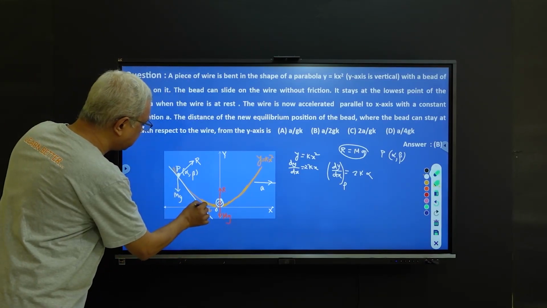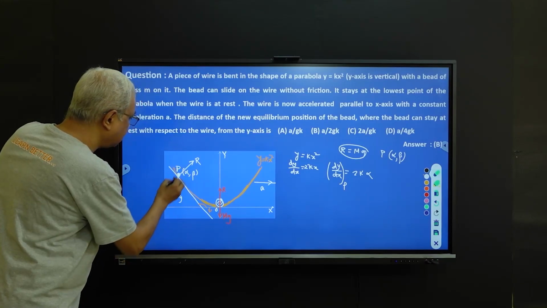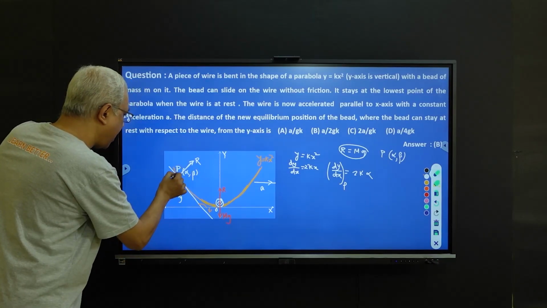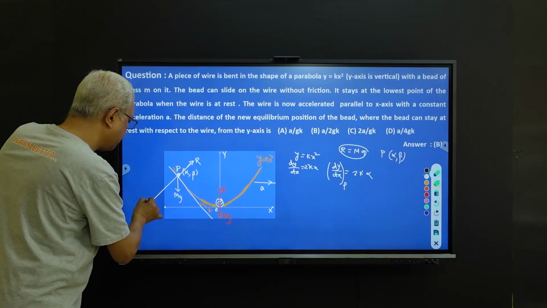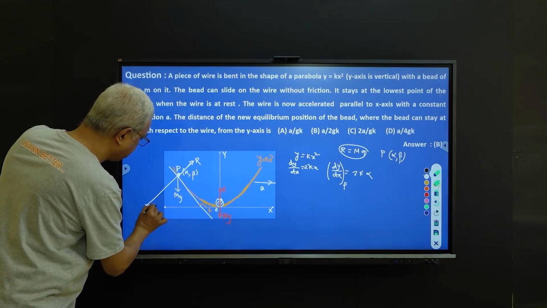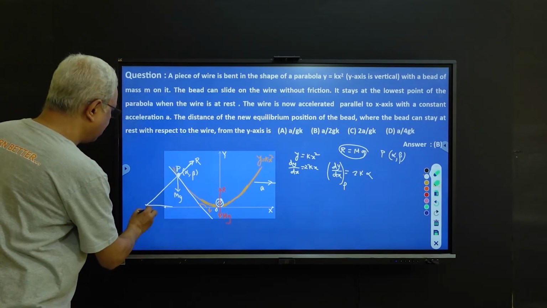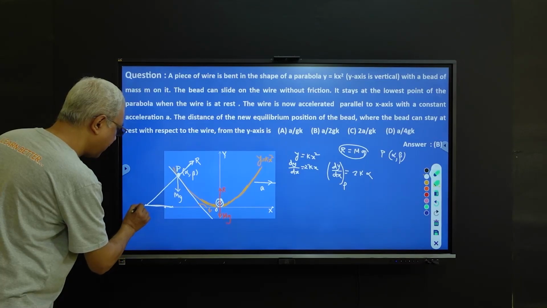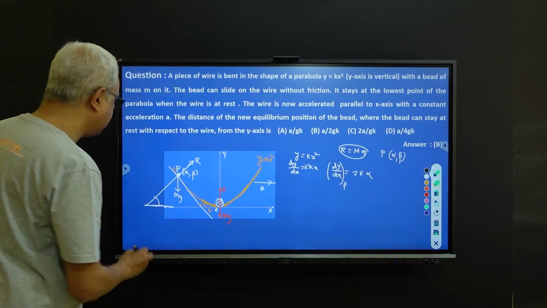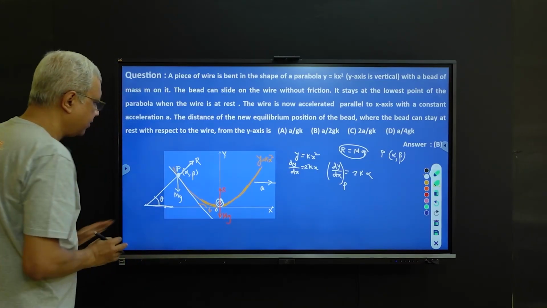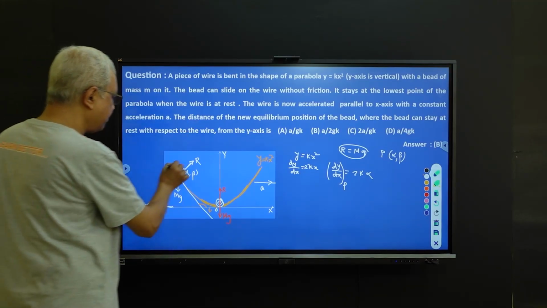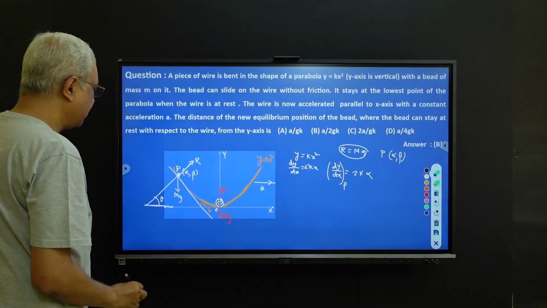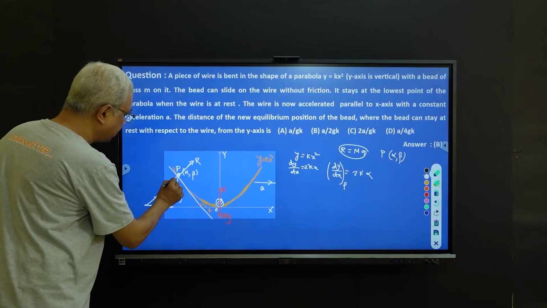Now, if this is psi, then what angle does the R vector make with the positive x direction? If I call this angle theta, this angle is actually 90 degrees.